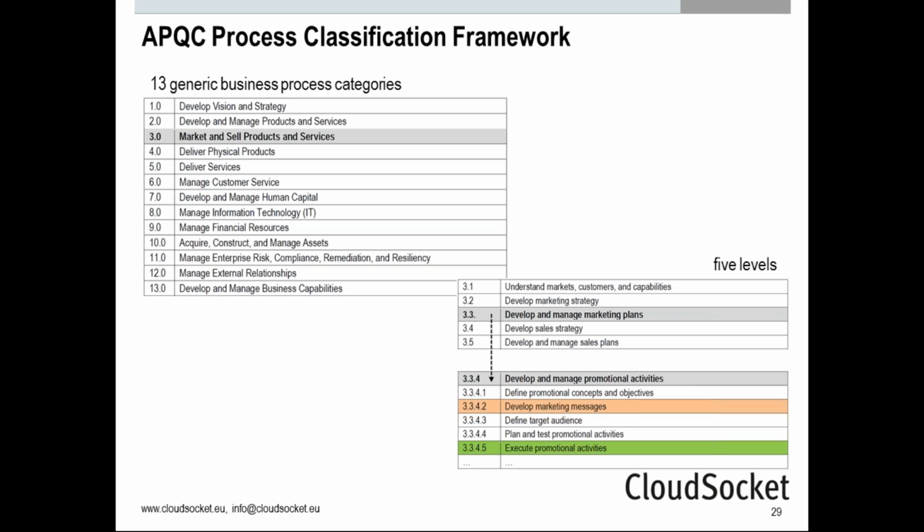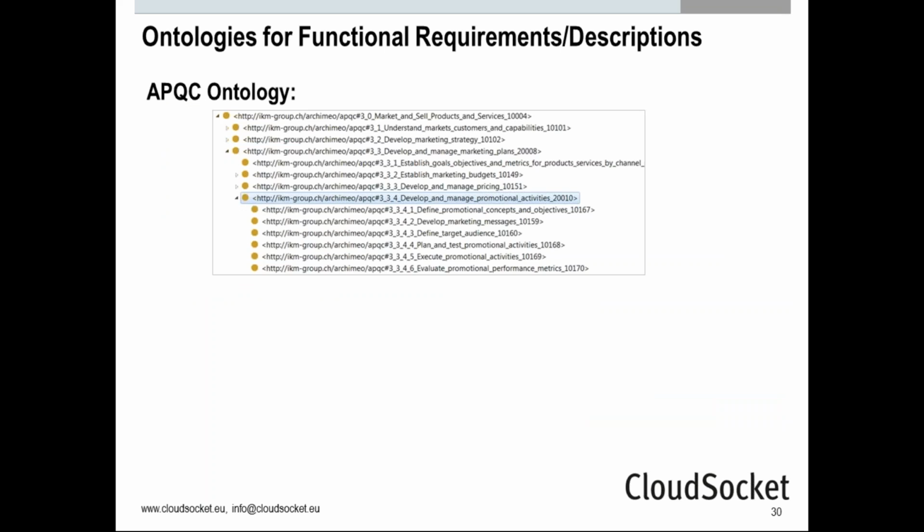So what we now do when we want to add the value to the requirement specification, we would go into the ontology, which we have here, and then go down the ontology, and the possible values can be selected from the values that are defined in the APQC ontology. So the user does not have to remember the different categories, but can always look them up in the ontology.